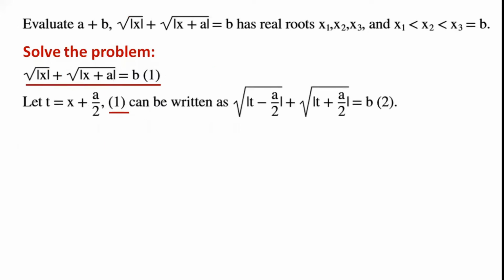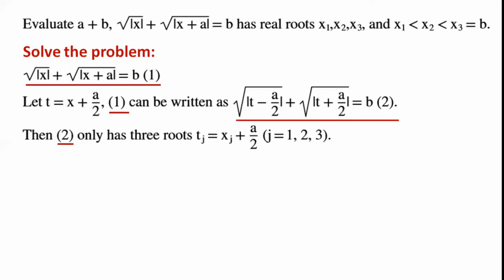Let t equal x plus a over 2. Equation 1 can be written as root of modulus of t minus a over 2 plus root of modulus of t plus a over 2 equals b.